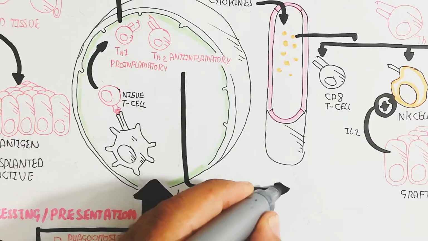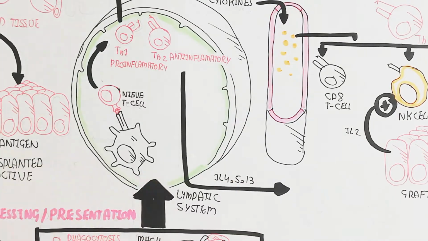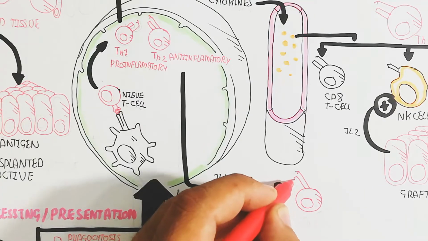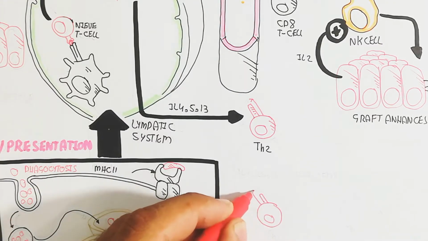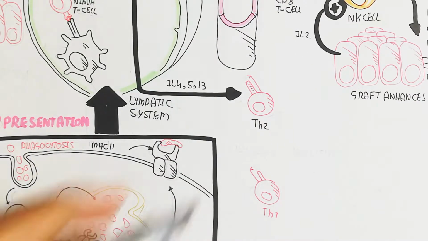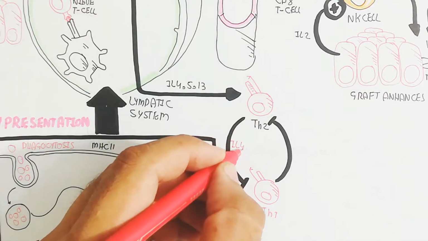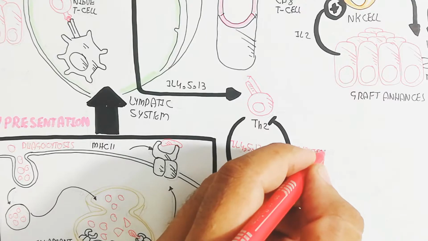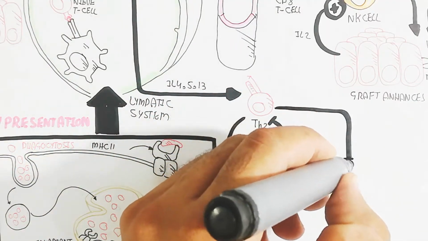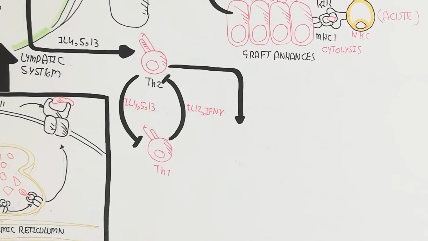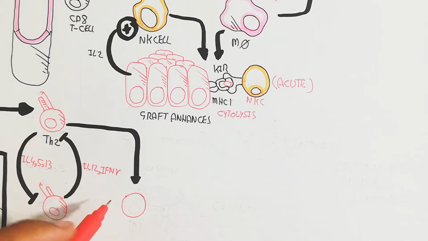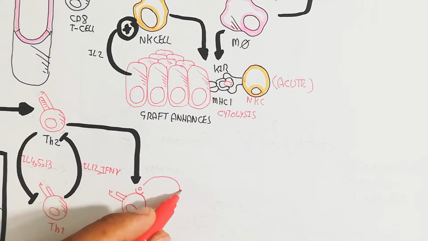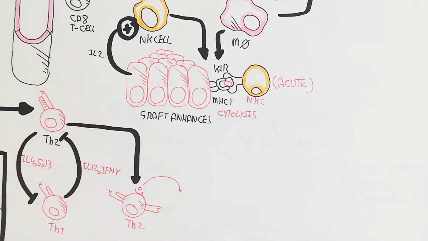On the other hand, the important thing here is the anti-inflammatory T helper 2 cell. It is against the inflammation and produces interleukin 4, 5, and 13, and this is in the lymphatic system. The T helper 2 cell will inhibit the T helper 1 cell because it is anti-inflammatory, and interleukin 12 and interferon gamma are produced to inhibit the T helper 2 cell.